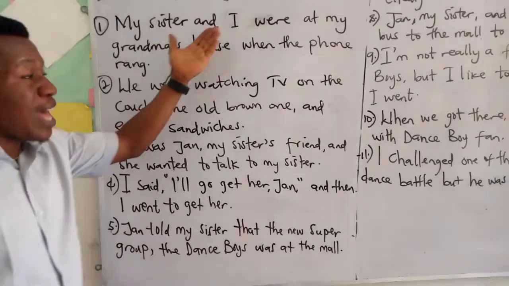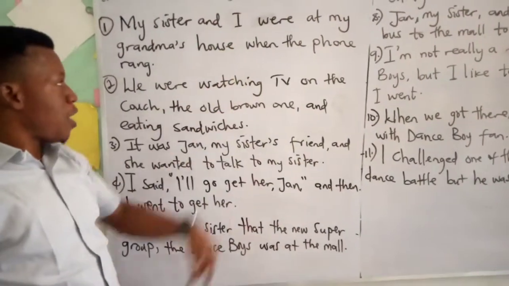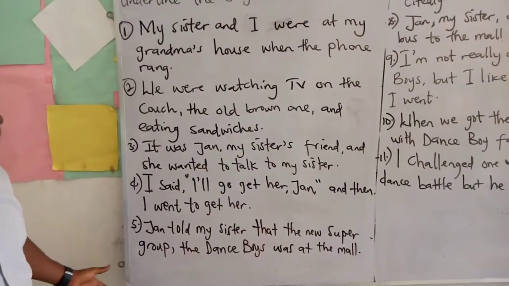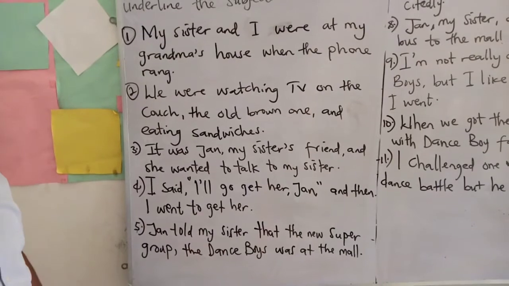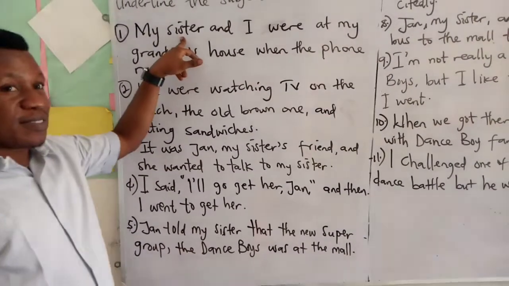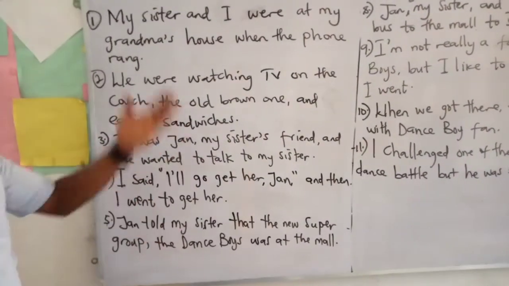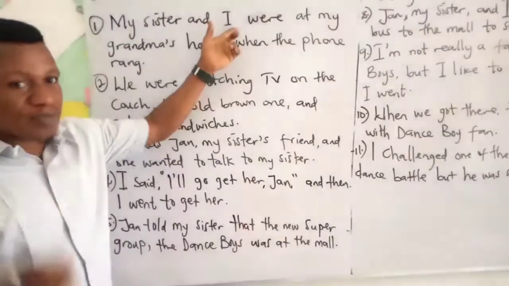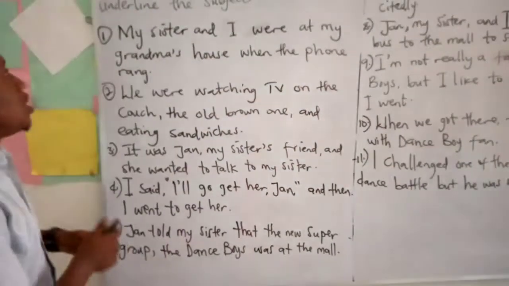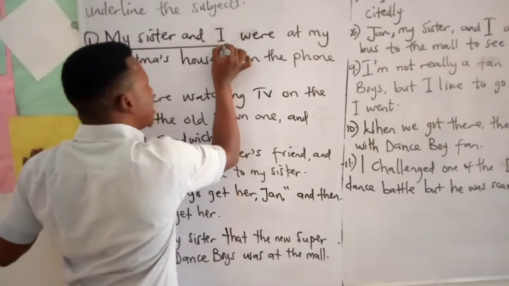What do you think is the subject in the sentence? Sister. Alright, the doer of the action, my sister and I. Two persons. So these are the people involved. These are the subjects.